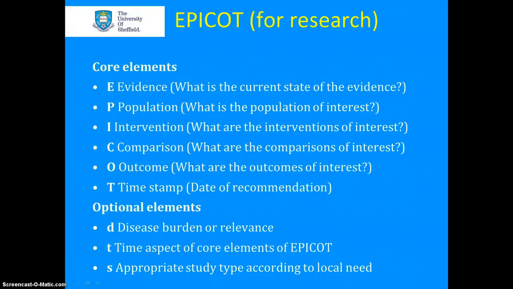So the mnemonic here is EPICOT, the acronym to help us remember. So the evidence, the population, the intervention, the comparison, the outcome, the timestamp, and optional elements are the disease burden or relevance, the time as a factor in the core elements of EPICOT, and the study type.